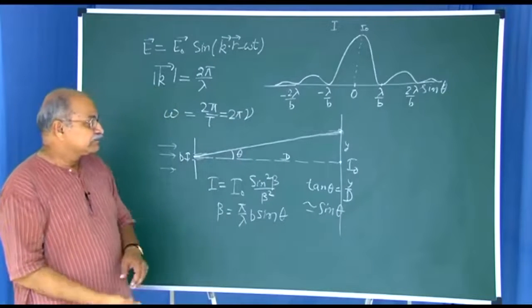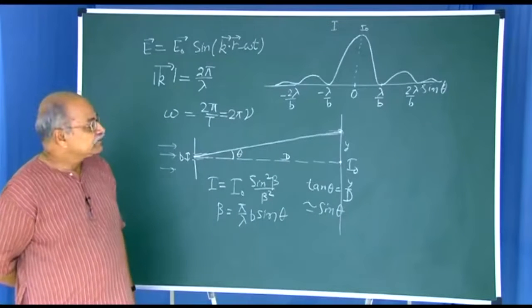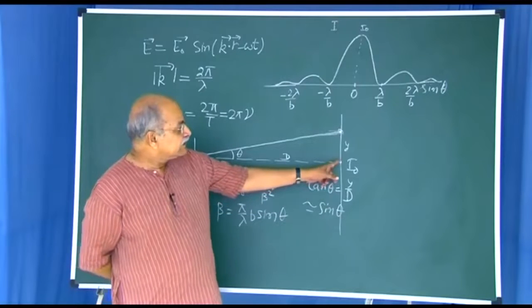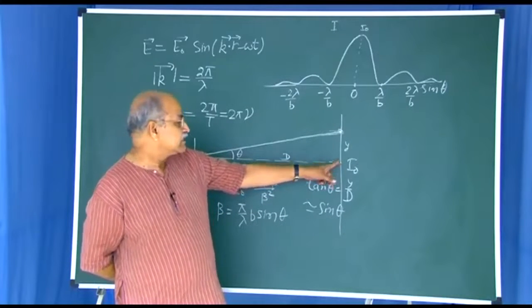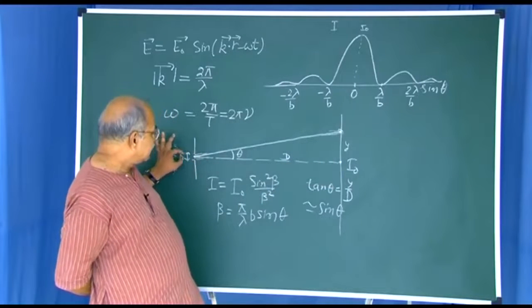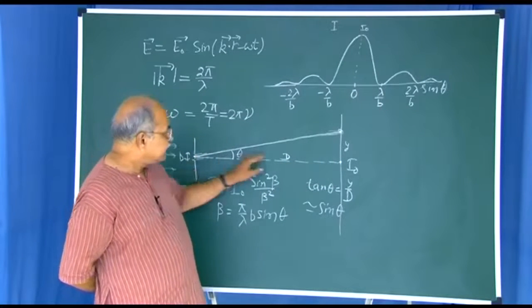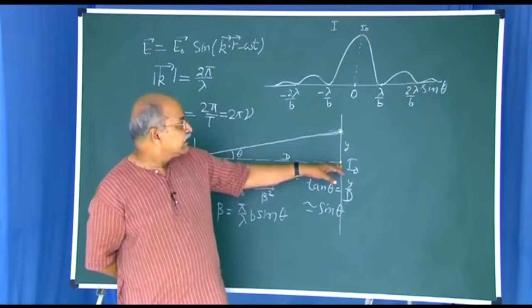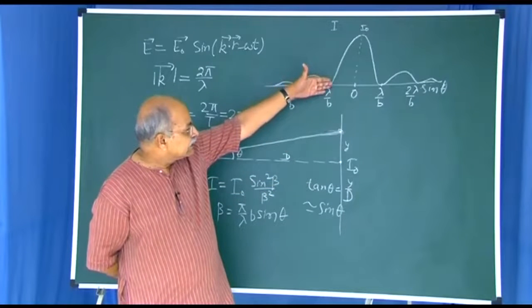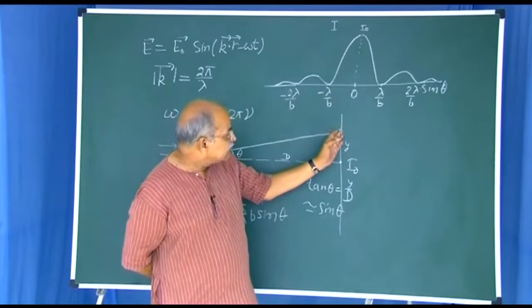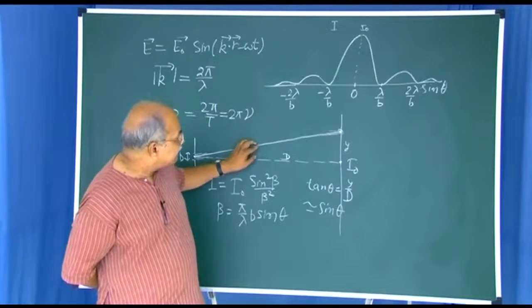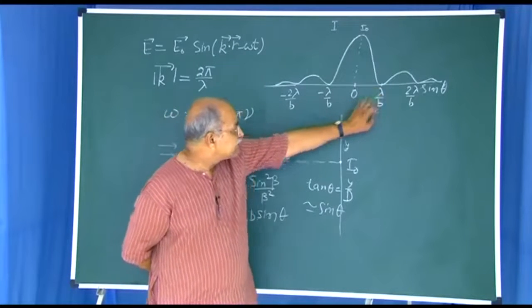So, what does it say? It says that right at the center the intensity is very high, which one expects. You have an opening and then the light is going, and right at the center intensity is high, good, and then the intensity decreases and becomes 0 at certain places on this screen where this theta satisfies sine theta is lambda by b.